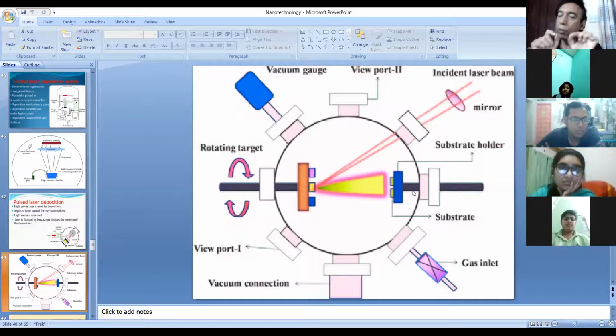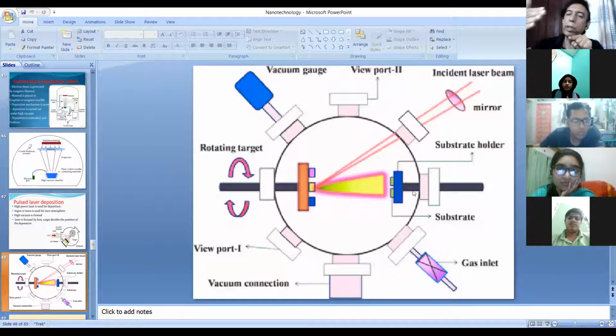To increase it, we have to make the whole chamber highly vacuumed, so that it can travel all the way to the substrate.